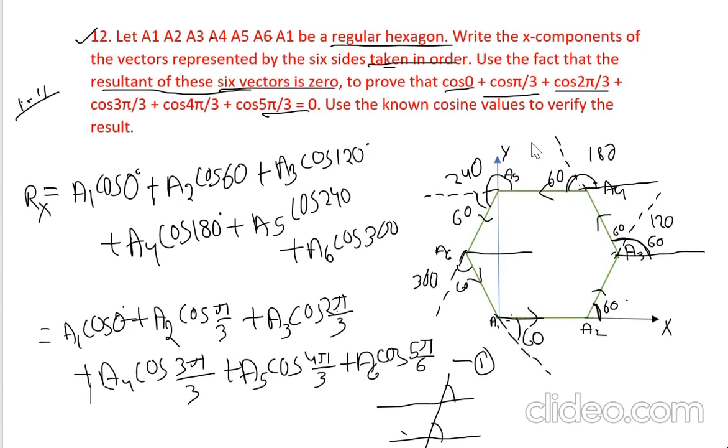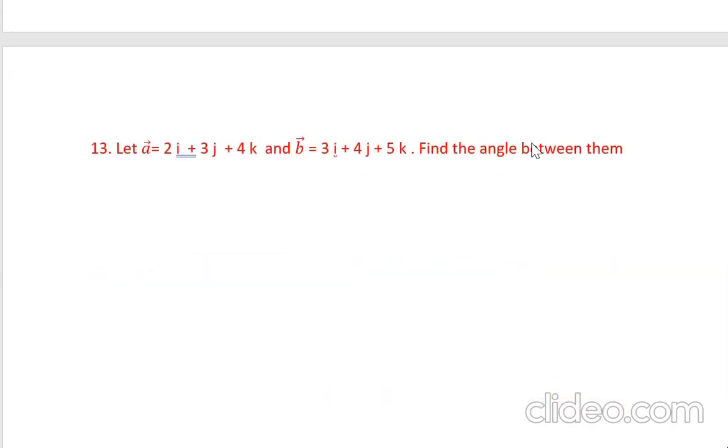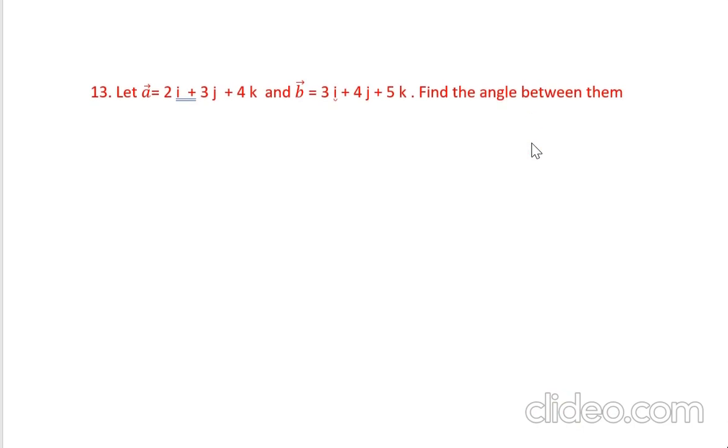Okay, so the next question is question number 30, which says that if A vector is 2i cap, 3j cap, 4k cap, and B vector is 3i cap, 4j cap, 5k cap, find the angle between them. So we have to simply apply the dot product. A dot B is equal to the magnitude of A times the magnitude of B times cos theta.